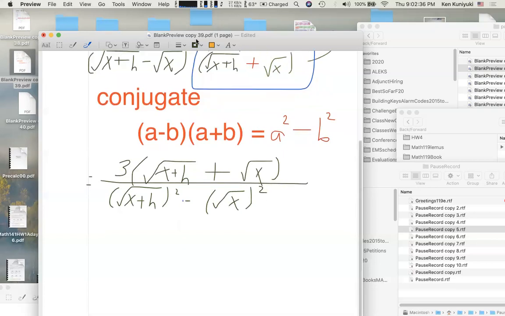All right. Now, to make things easier, as a student, you should keep rewriting the numerator, but let's get straight to the point. Let's simplify the bottom here. The square of the square root of x plus h. Let's assume this is non-negative, whatever. What's left? Plain old x plus h.